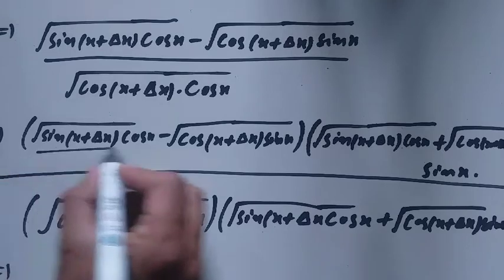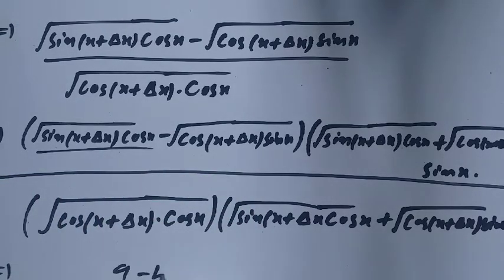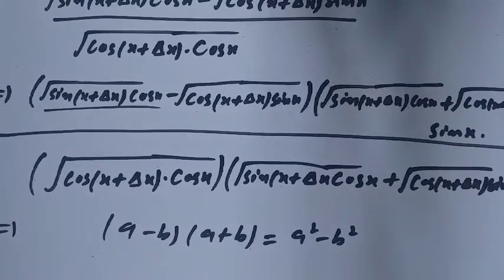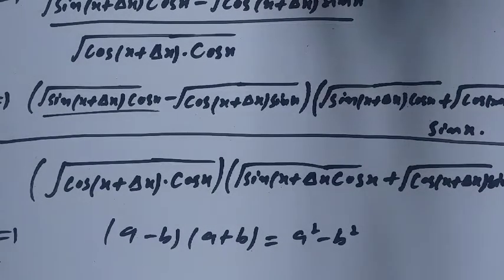That's suppose this our a minus b into a plus b, and this is equal to a square minus b square, as you know this. I hope you will understand this.